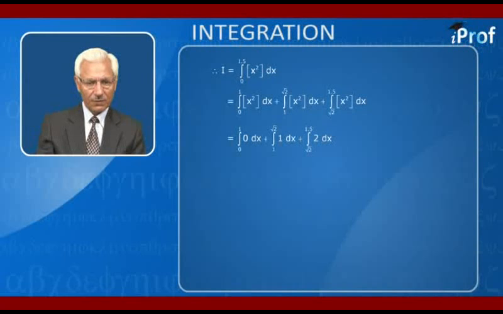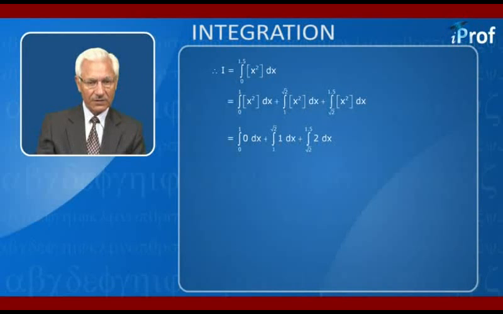Clearly, for the first part its value is 0, for the second part its value is 1, for the third part its value is 2. Hence, the given integral becomes the integral from 0 to 1 of 0 dx, 1 to root 2 of 1 dx, and root 2 to 1.5 of 2 dx.